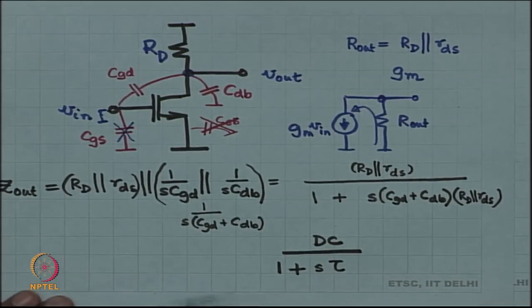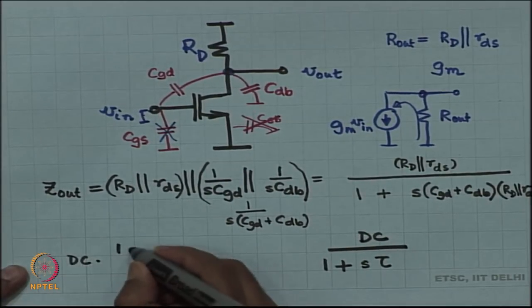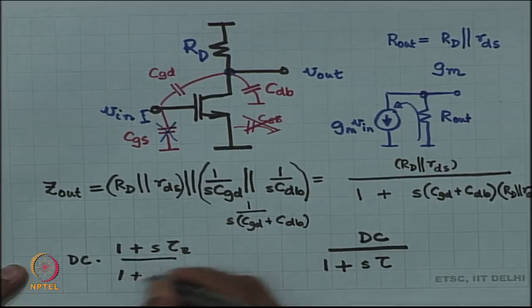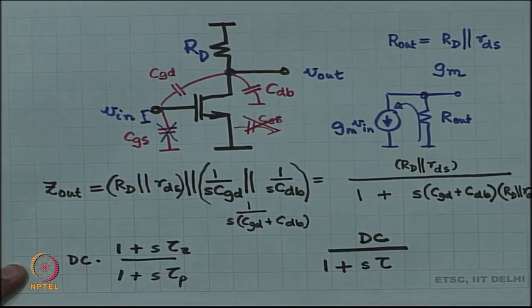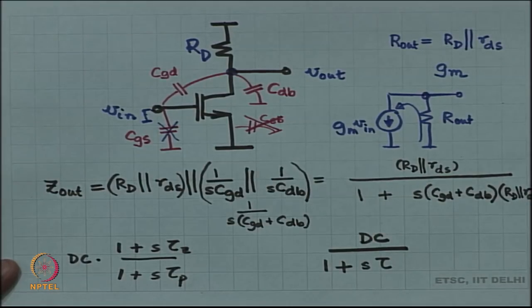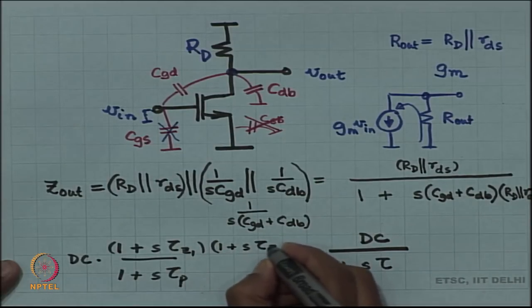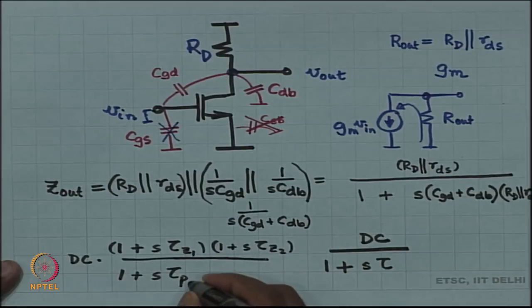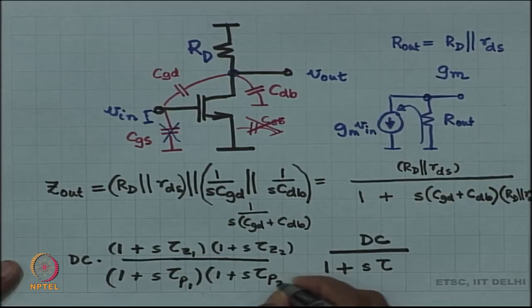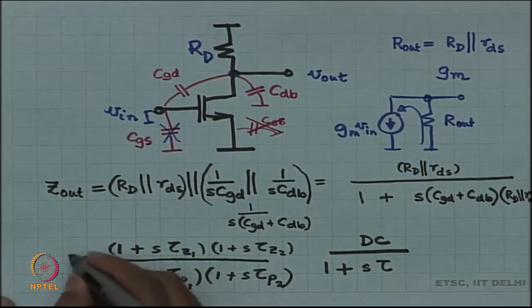If not, it is going to be like this: some DC quantity times 1 plus S tau zero divided by 1 plus S tau pole. If it does not even look like this, it is probably going to look like this, and so on and so forth. So, this is the template, this is how the expression is going to look.